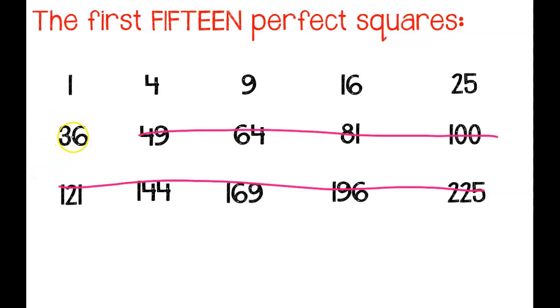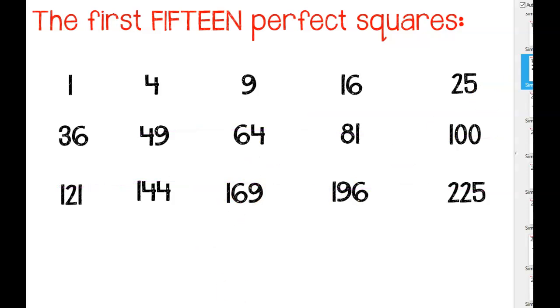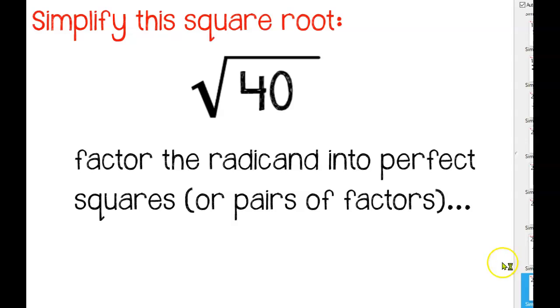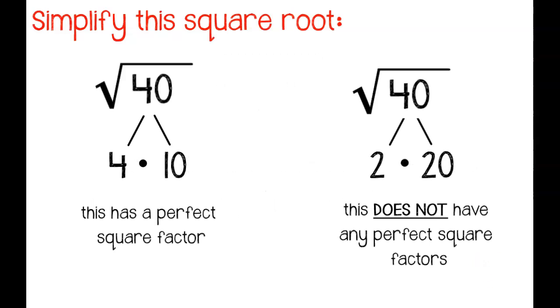So I'm going to divide 40 by 36, divide it by 25, divide it by 16, divide it by 9, divide it by 4, and see if I get a whole number as an answer. So remember, you're looking for perfect square factors, not these. They're factors of 40, but I can't square root either one of them.